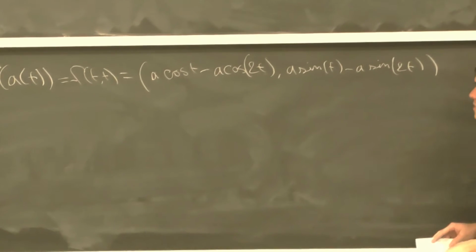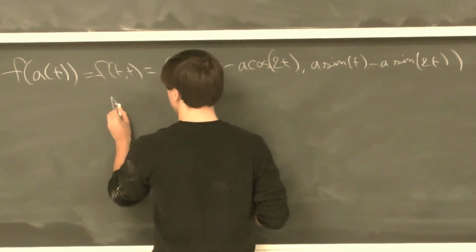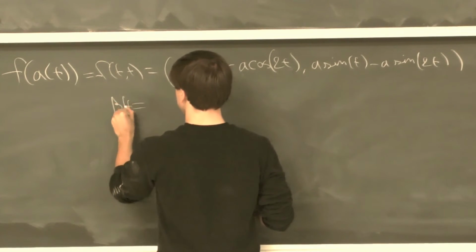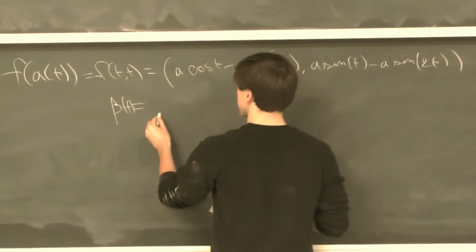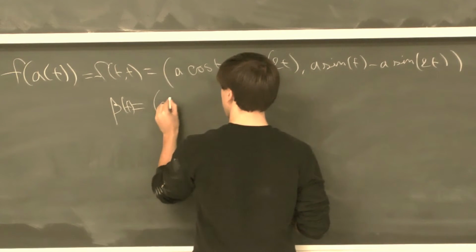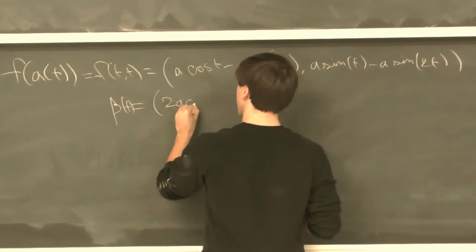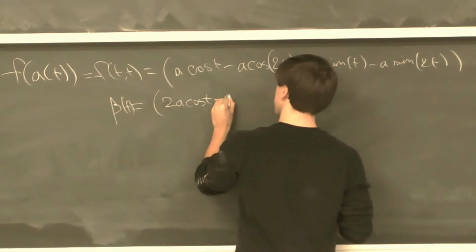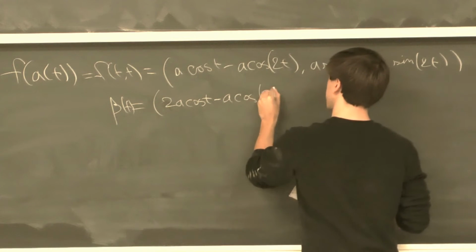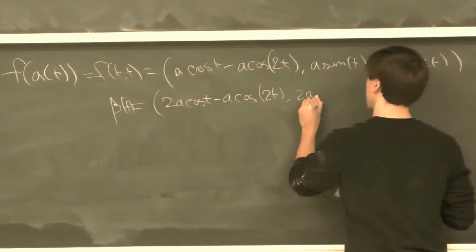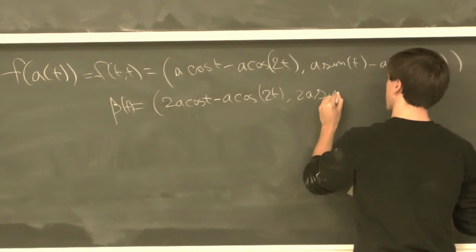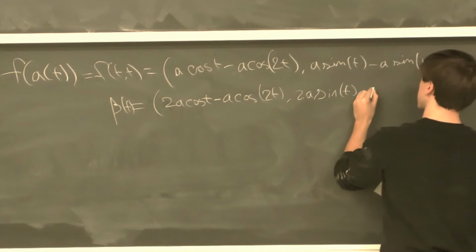and if you look at the equation of a cardioid, let's say we have a cardioid beta of t. If we parameterize that in the Cartesian plane, we actually get 2a cosine t minus a cosine of 2t, and then the same thing for sine. So this thing is not quite a cardioid, but it looks very close.